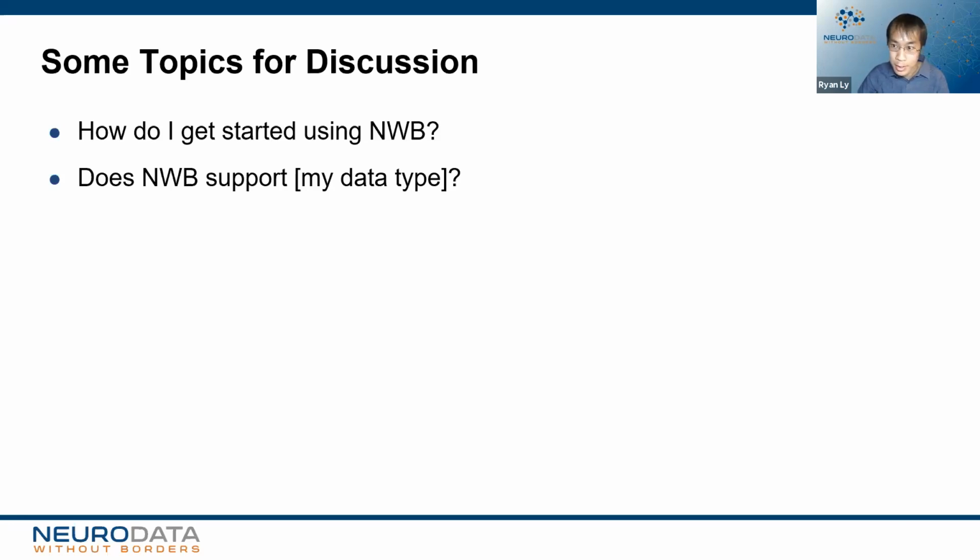NWB uses composition and inheritance as base principles in the schema, so you can build off of existing data types, like in case you want to just add a few fields or add a dimension to an existing type. I see. Yeah, cool.